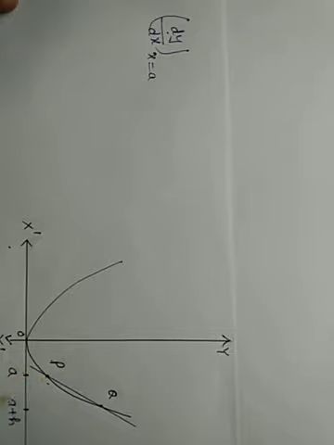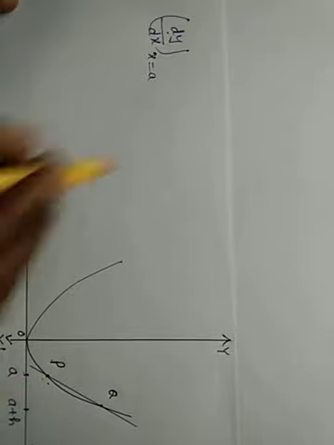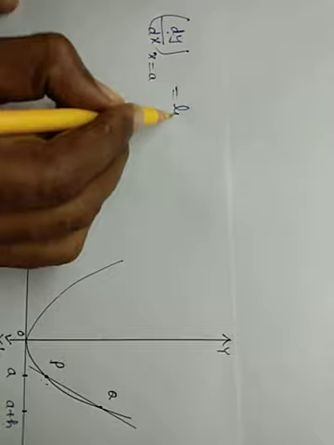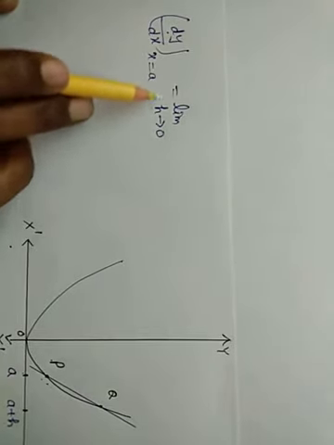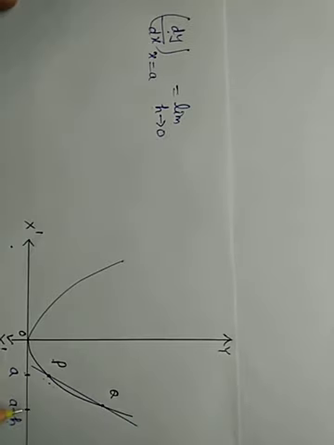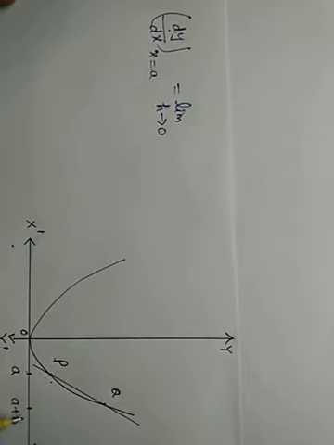Here h is tending to 0, you know this formula, limit h tends to 0. H tends to 0 means what? As h tends to 0, this a plus h will come very close to a, and this q will come and approach p.